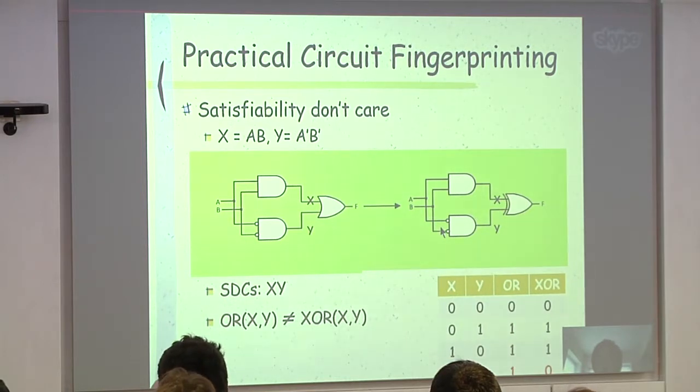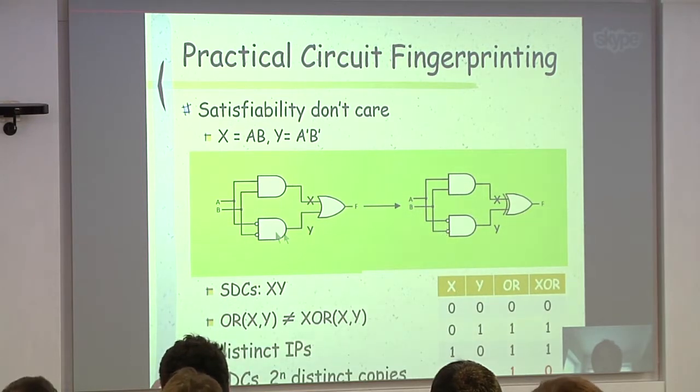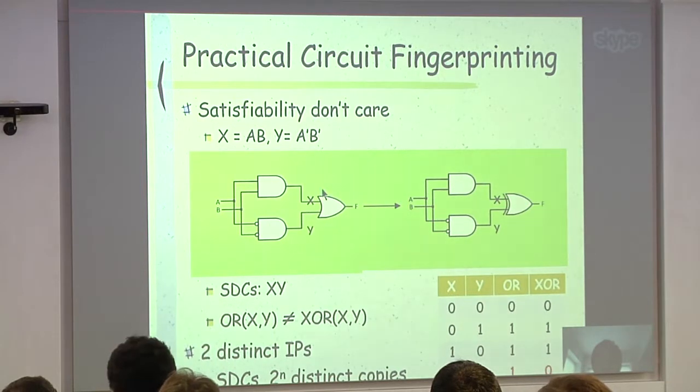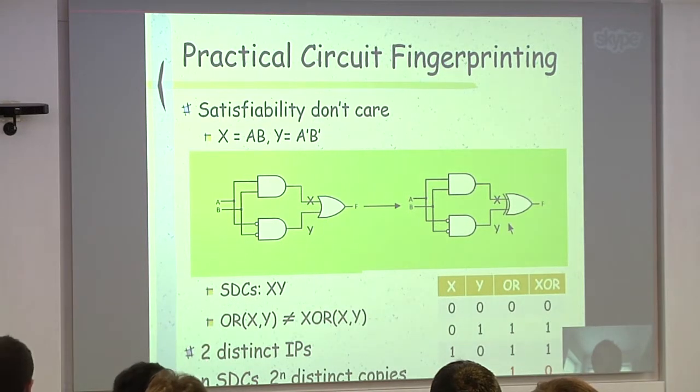So this is one way we can embed our signature, because by using either an OR gate or an exclusive OR gate, I can embed either a bit 1 or a bit 0. This is how we can generate distinct copies, which we call fingerprints.